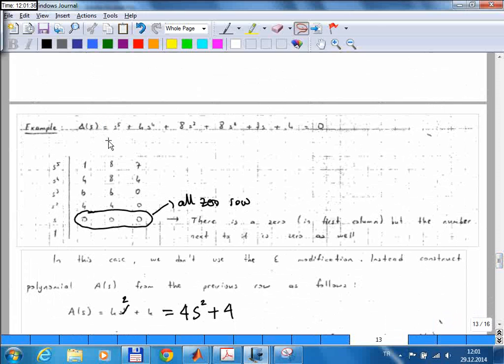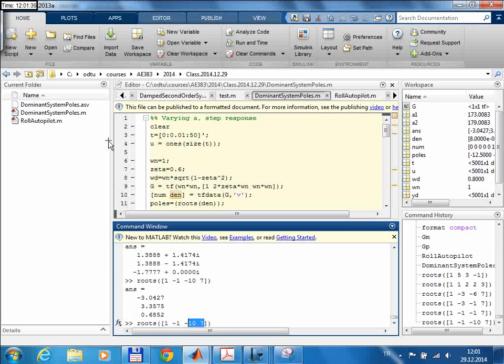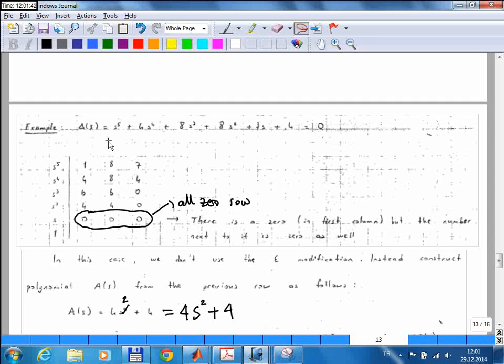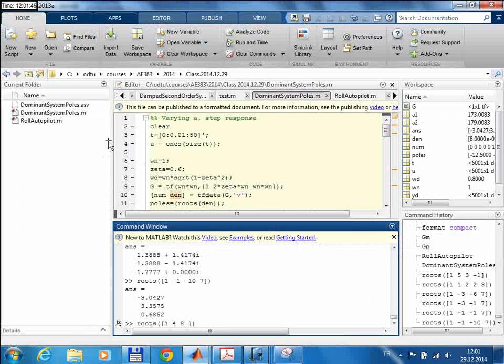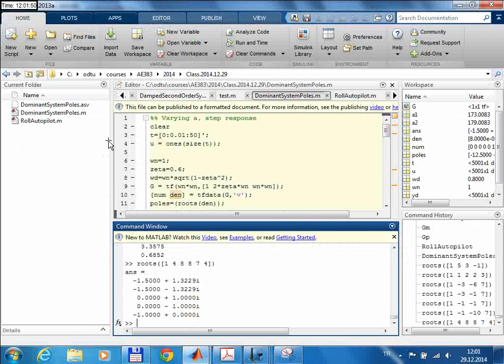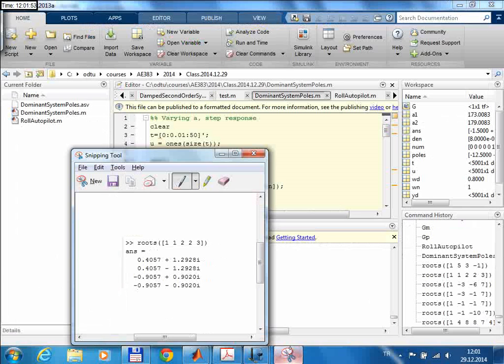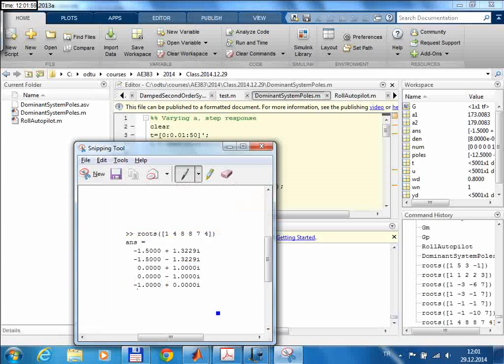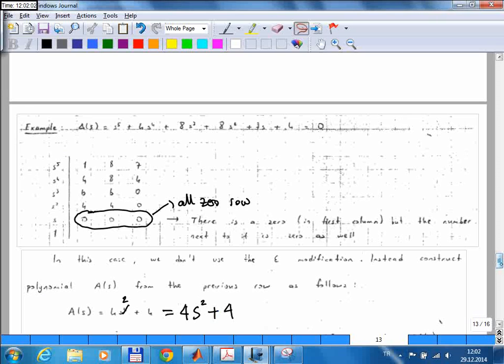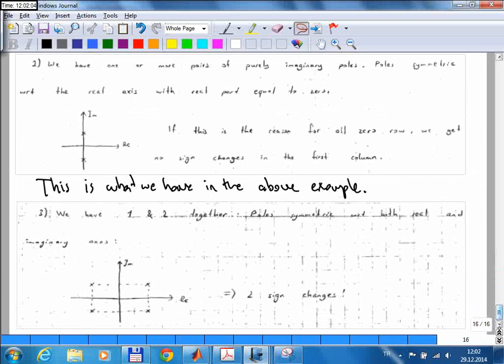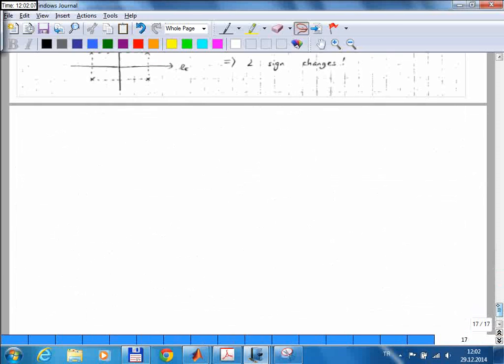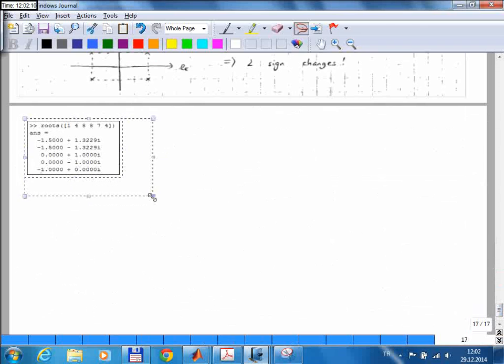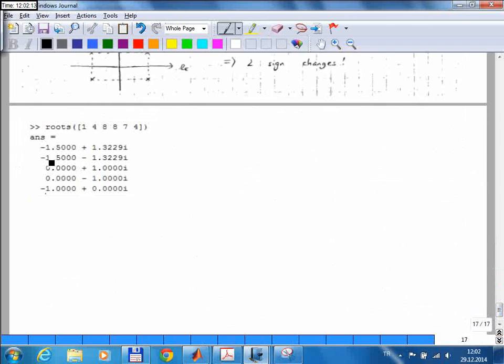So let me tell you the roots of that polynomial. 7 and 4. And these are the two purely imaginary poles.